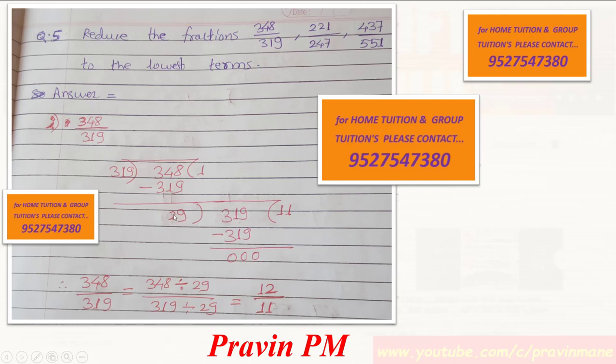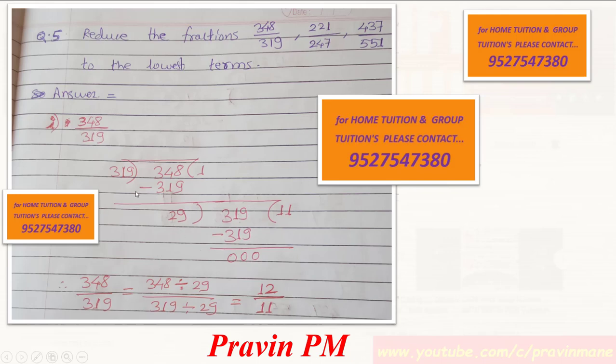So make 29 the divisor and this divisor the dividend. 29 11s are 319 and the remainder becomes 0. The divisor for which the remainder becomes 0 is the HCF of that number.